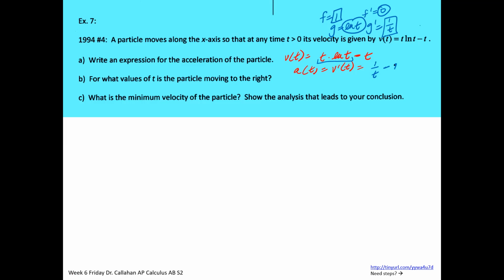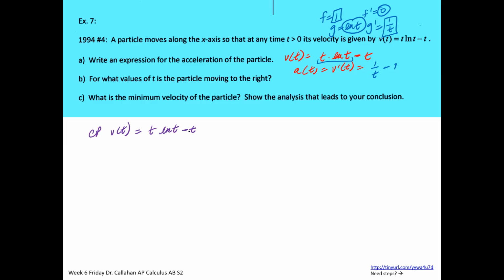All right, so then let's take a look at B. For B, we are going to be looking at for what value of t is the particle moving to the right. So we're going to have to find the critical point. So v of t is equal to t ln t minus t.